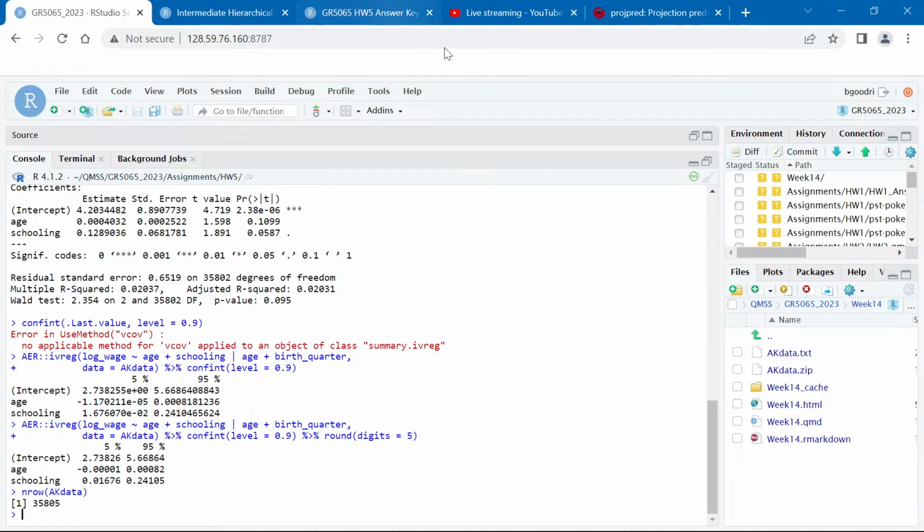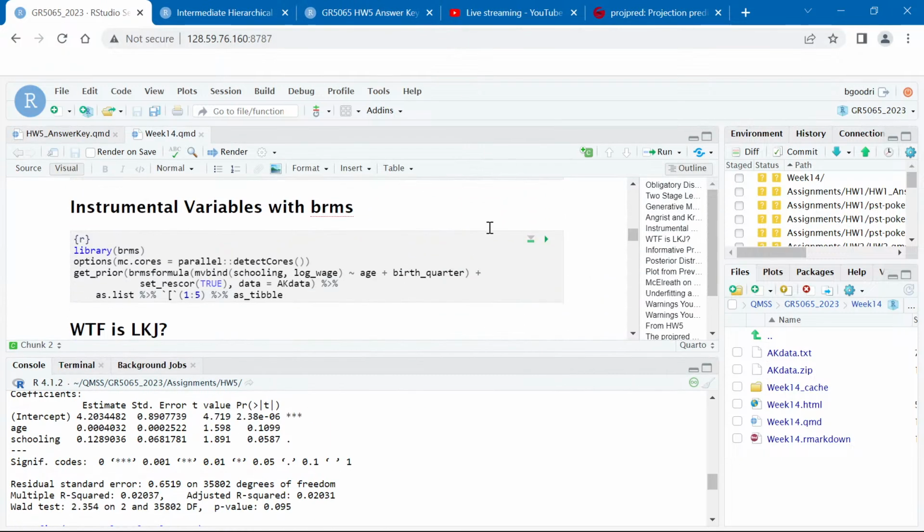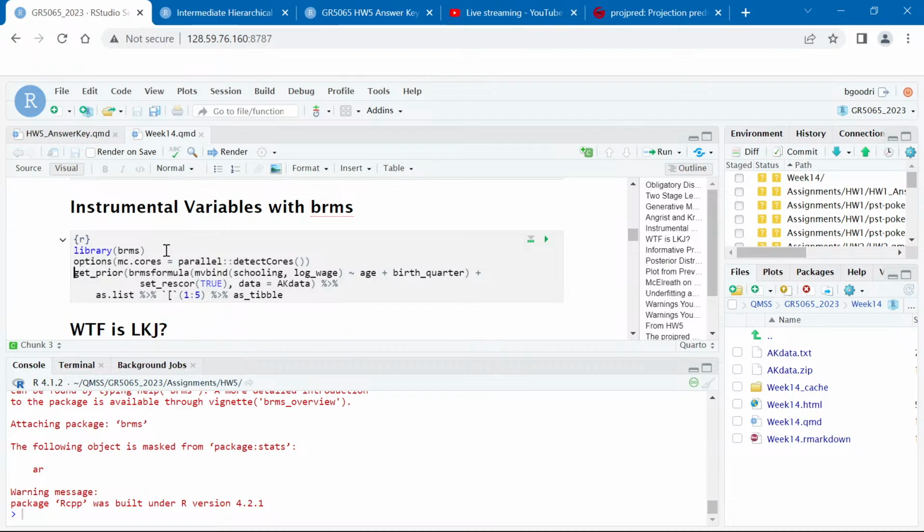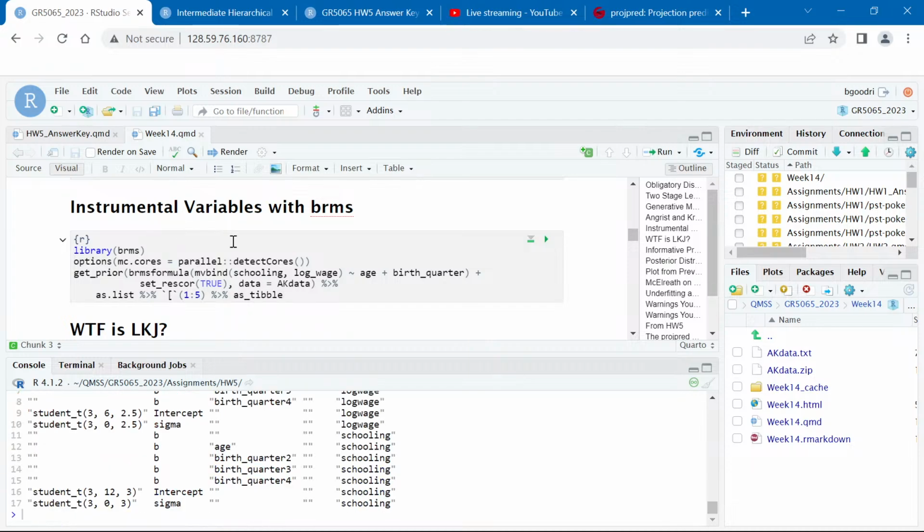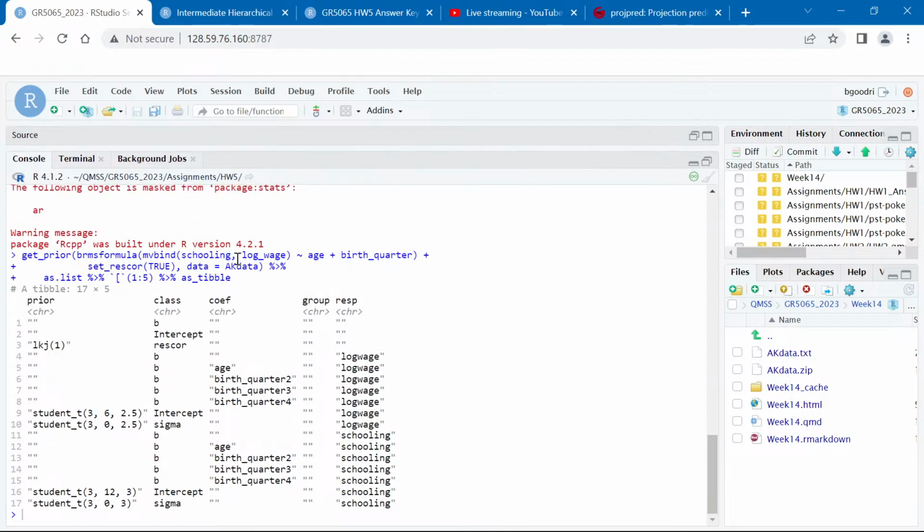Okay, well, we could do this rather easily the Bayesian way with brms. We get the prior for the default, and have to use this mvbind business to say we have 2 responses, log wage and schooling.